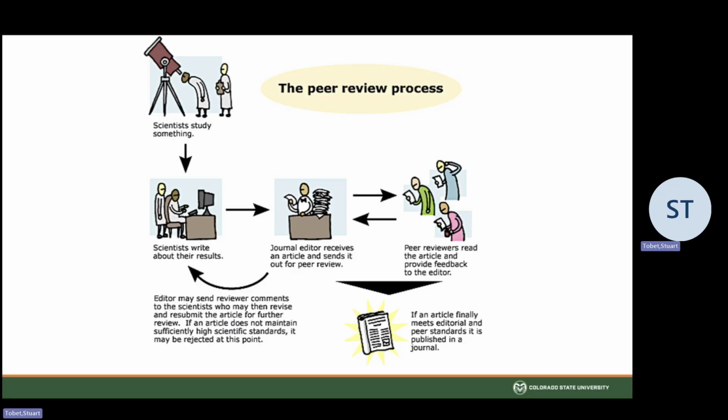Get it back to the journal as fast as you can. Hopefully they don't ask for new experiments and only ask for changes in text, but no guarantees. A lot of journals at the higher end always ask for new experiments, and that actually takes time. Some journals will give you a limit on how long before you can resubmit. Pay attention to whether or not the journal is actually asking you for a limited amount of time before you do it.